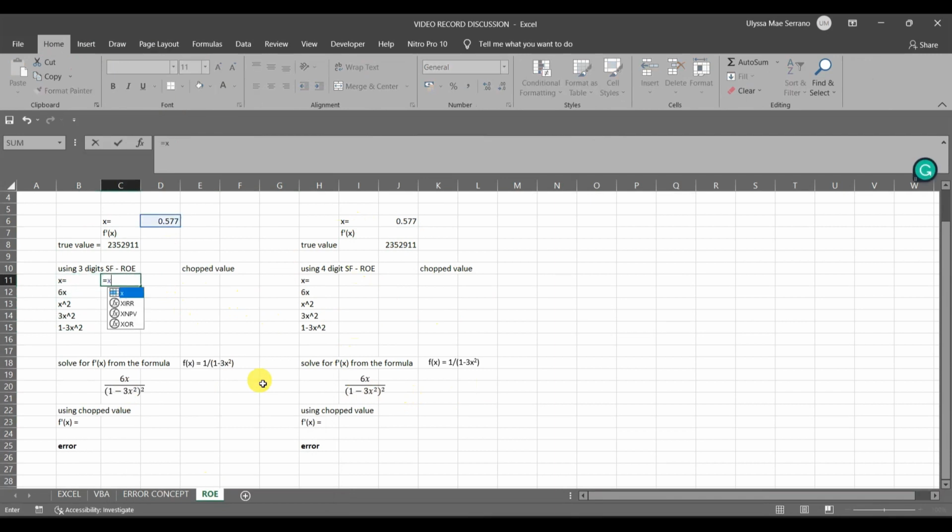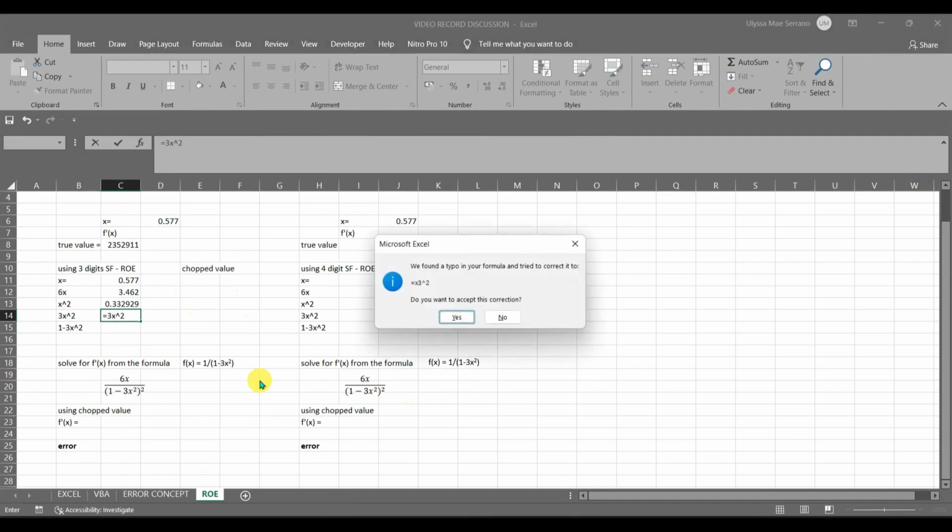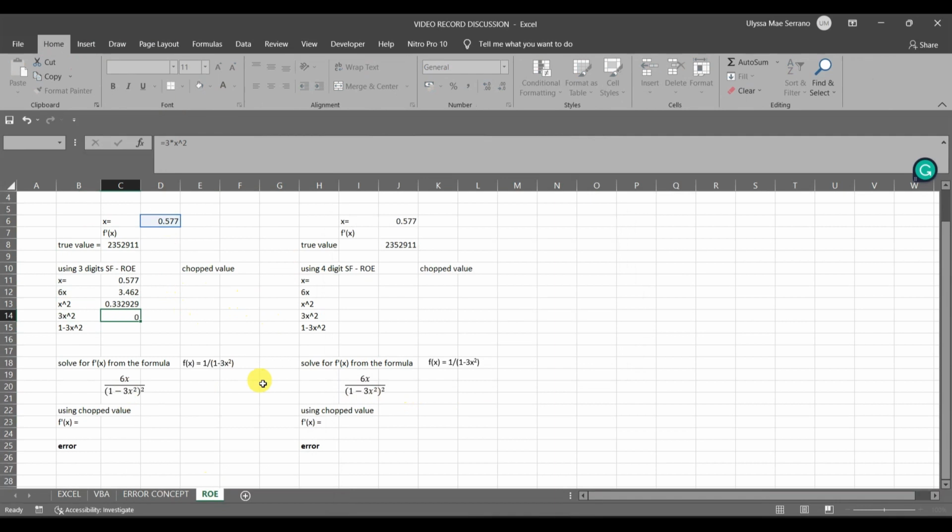So, the value of x is simply x. 6 times x. Then, we have here x squared, 3x squared. Ayun, nakalimutan ko yung ating multiplier. And the 1 minus 3x squared. From this, what would be the chop value? So, from here, class, using the 3 significant figures, the value will be 3.46.